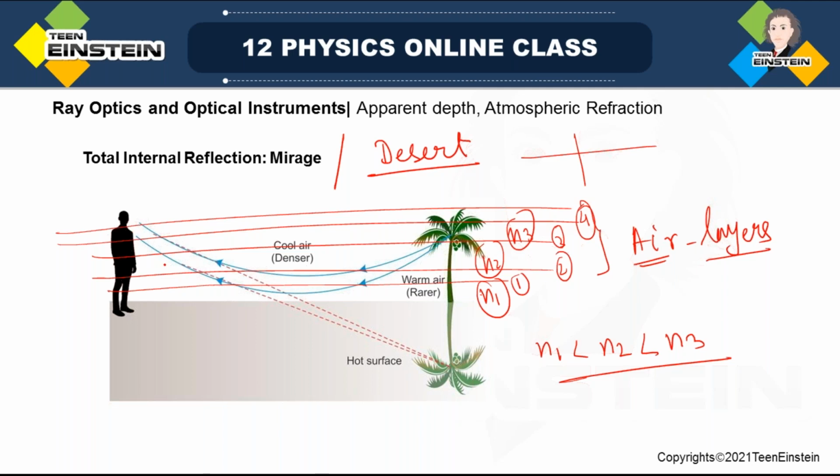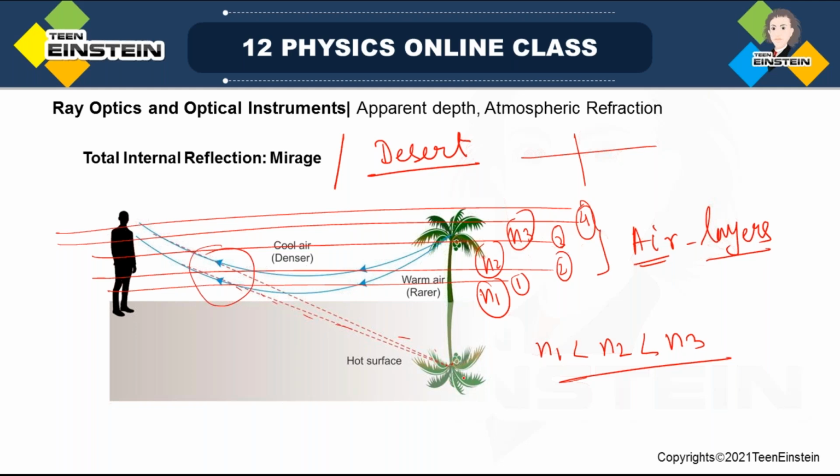When it goes ultimately to the human eyes, it is totally bent like this, and as I said, our eyes follow the path of these rays only, in the straight way back to this point. And we will be able to see an image of this actual tree over here.